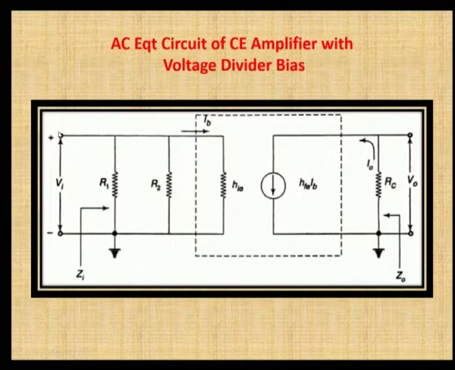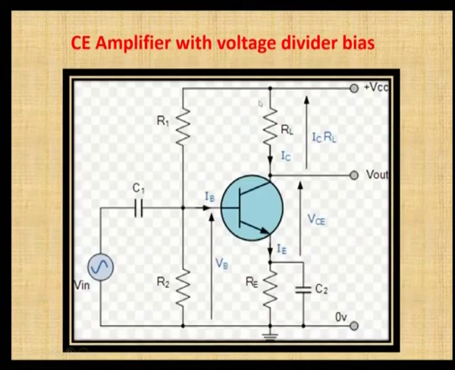So, the input voltage Vi is given across these two terminals, and this R1 and R2 you have to connect. R1 is connected between the supply and the base terminal, and R2 is from the base to the ground terminal.